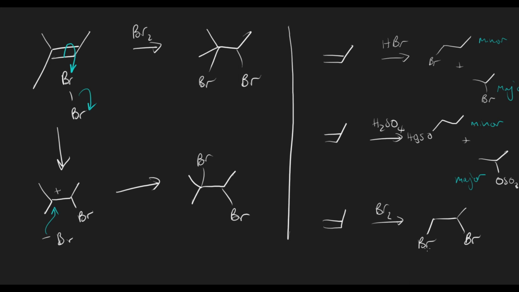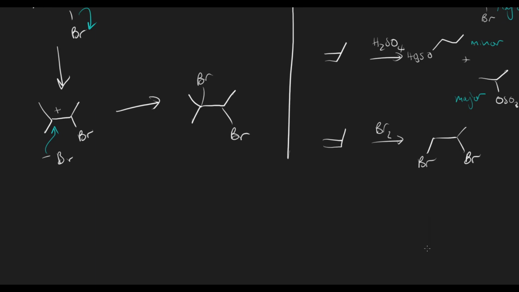So there's one final thing to mention, and that is that bromine is used up in the addition of bromine to a double bond, and that means you can use bromine in water to test for double bonds.